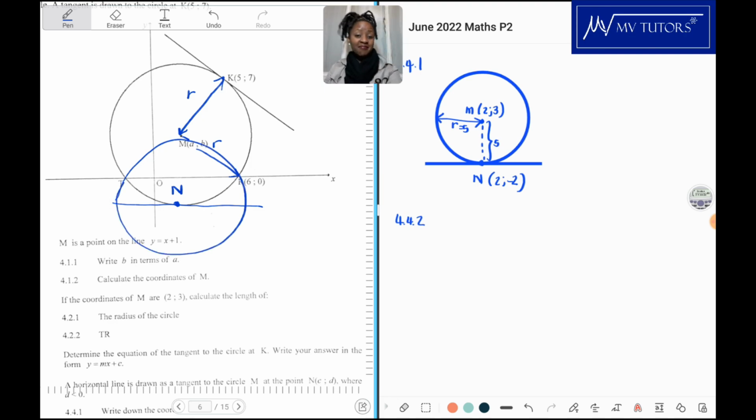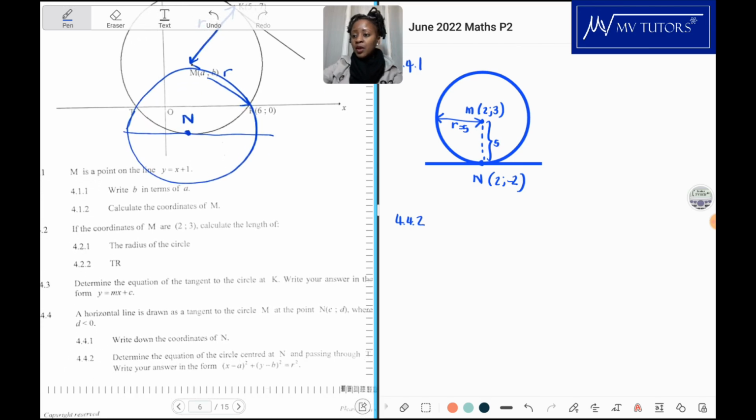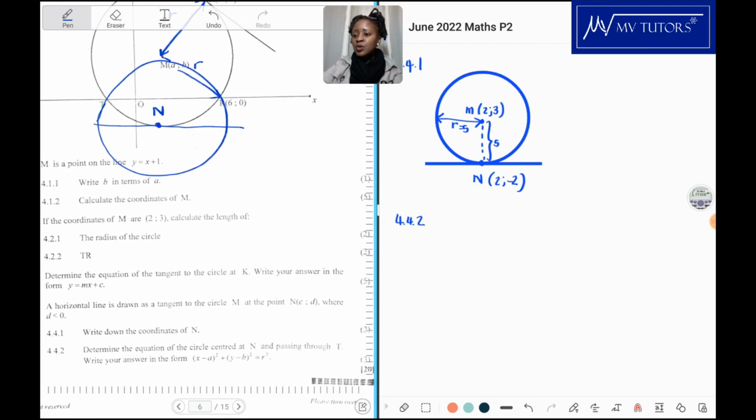If T is on the circle, what do they want? They want us to determine the equation of that circle.